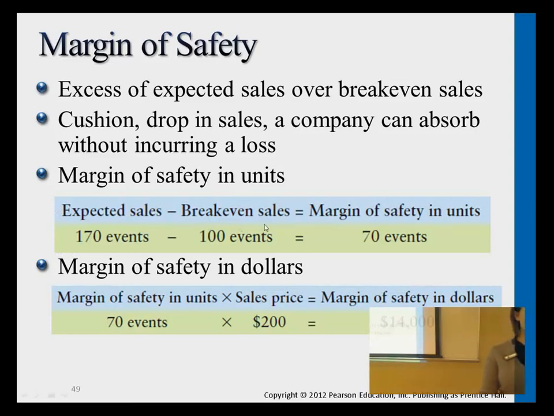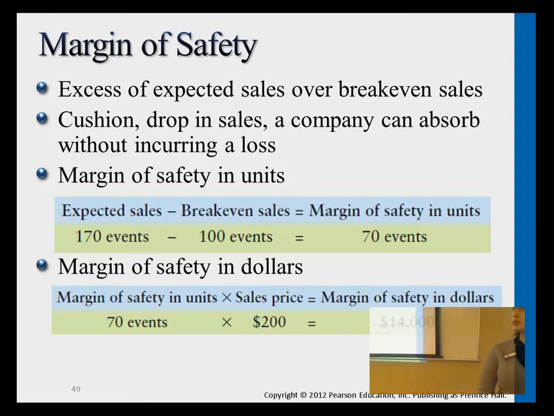We'll subtract our break-even sales, that we already know how to calculate, and we get this margin of safety in units. It's like a cushion, okay? We can also say it's a drop in sales that the company can absorb without incurring any losses.